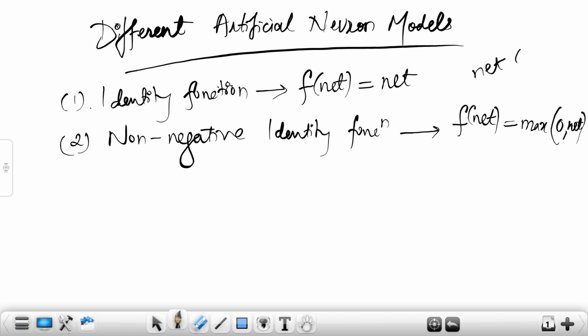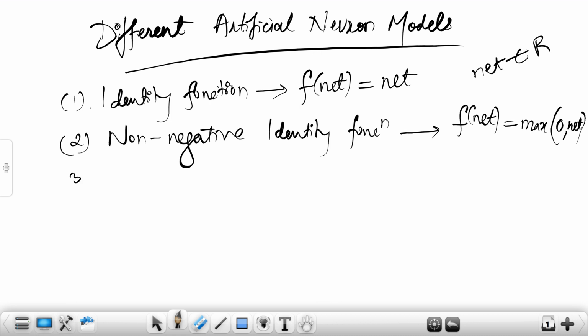Net should always belong to R, net belongs to real values. So here f of net will be the maximum between 0 and net. If net is a negative value, between -1 and 0, it will take it as 0. By this it becomes non-negative, so either it will be 0 or above 0. That is your f of net.